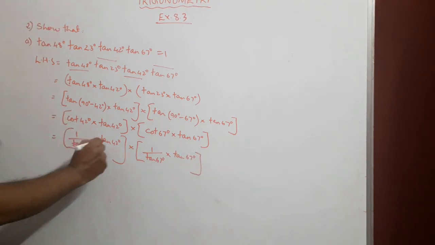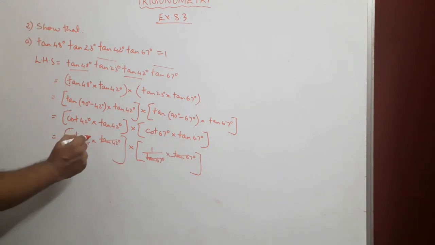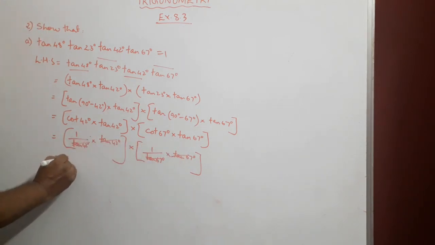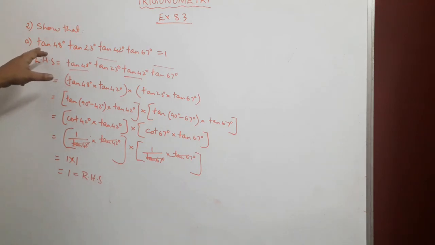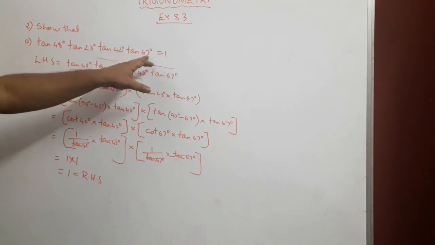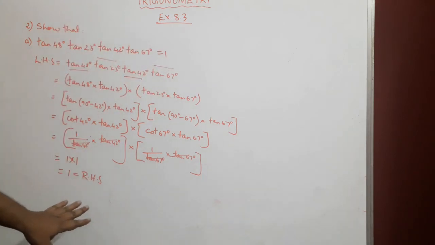Now I can cancel this and even this. Ultimately what is remaining? Here 1 is remaining, 1 is remaining. So it is actually 1 into 1, which is nothing but 1, which is equal to right hand side. And thus we can say that whatever the equation is equal to right hand side. And that's how we get to prove this part.